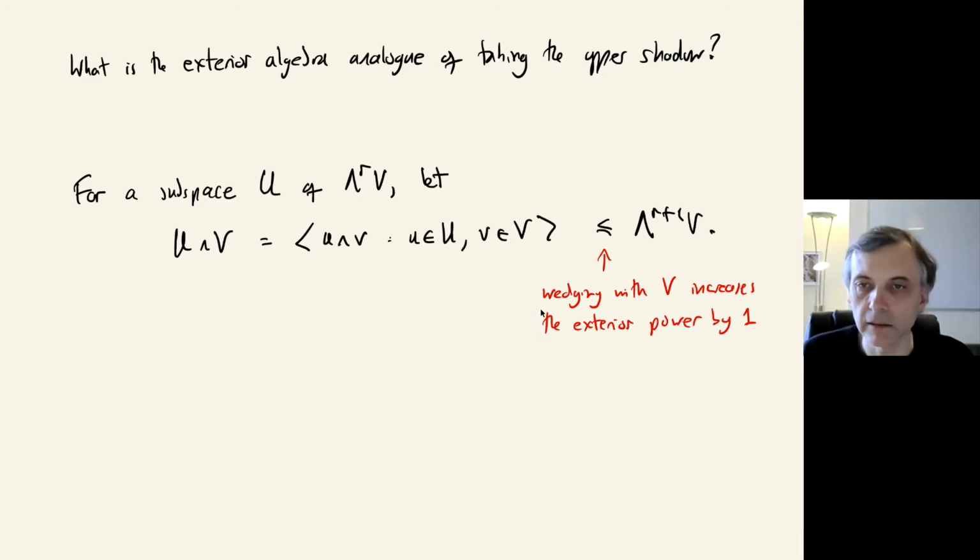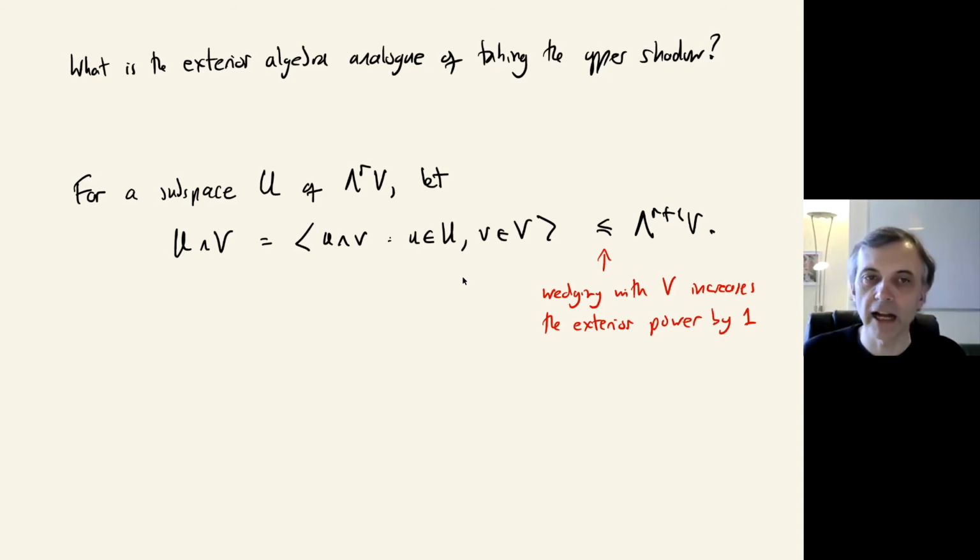And more generally, what seems to be a good analog is, for a subspace U of the rth exterior power, we'll write U wedge V for the linear span of everything you get by taking something in U, something in V, and wedging them together. So this is analogous to adding an element, we're wedging with a vector. And it works nicely with size, because if we take some elements of the rth exterior power and wedge with a vector, we get something in the (r+1)st exterior power. So this takes a subspace of the rth exterior power and gives us a subspace of the (r+1)st exterior power.